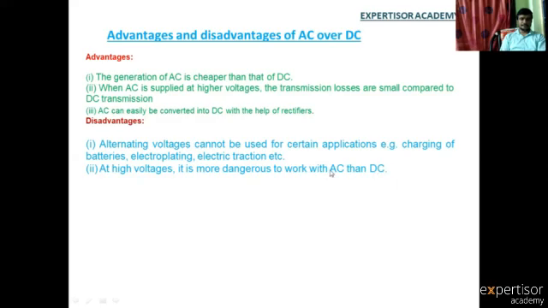AC voltage is not suitable for charging batteries, electroplating, electric traction. So these are the disadvantages of AC compared to DC.